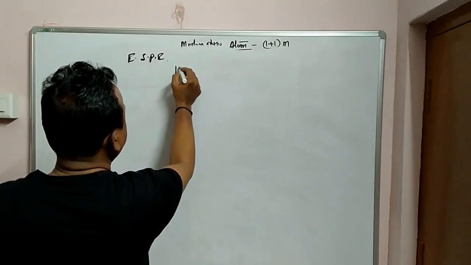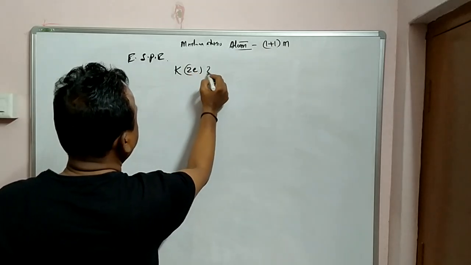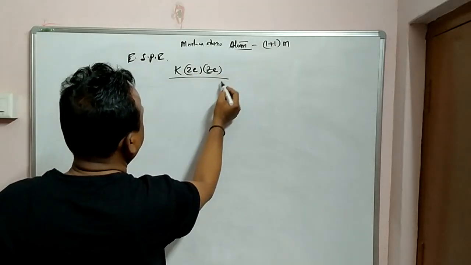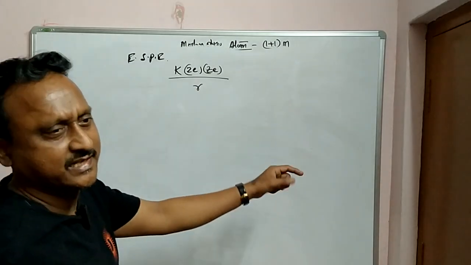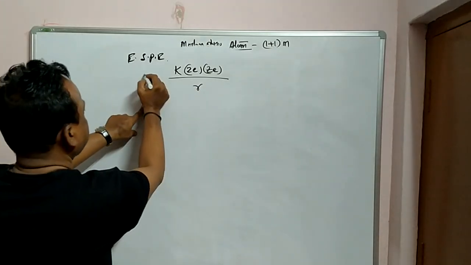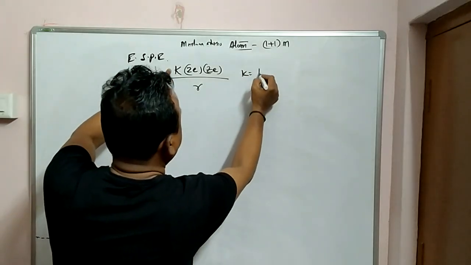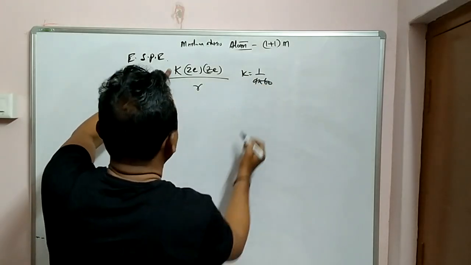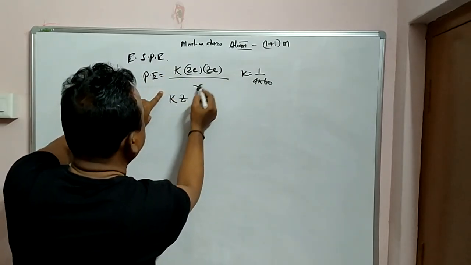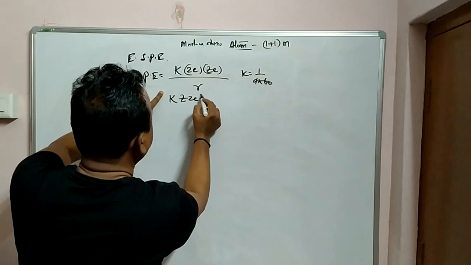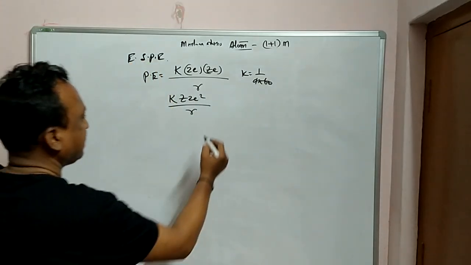Potential energy is K into 2e into ze by R, the electrostatic potential energy, where R is the distance. K means you know the value, 1 by 4 pi epsilon naught constant. And this finally is K Z 2e square by R. This is electrostatic potential energy.